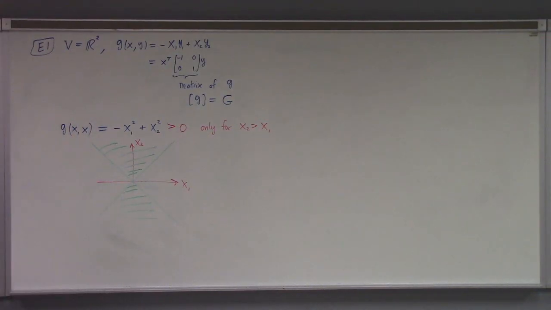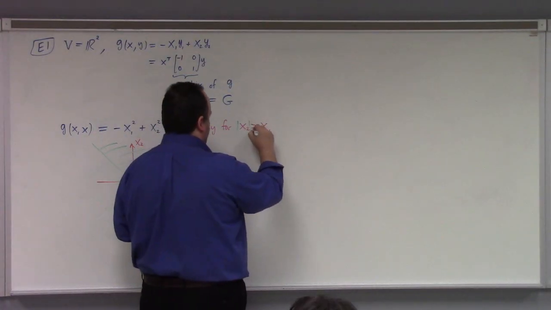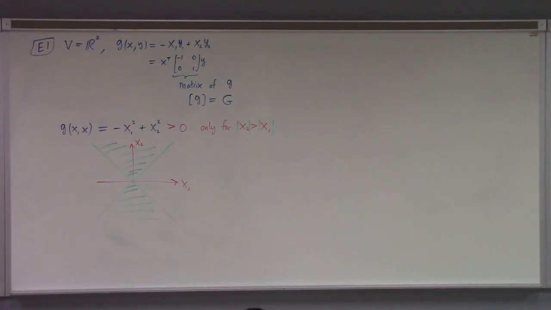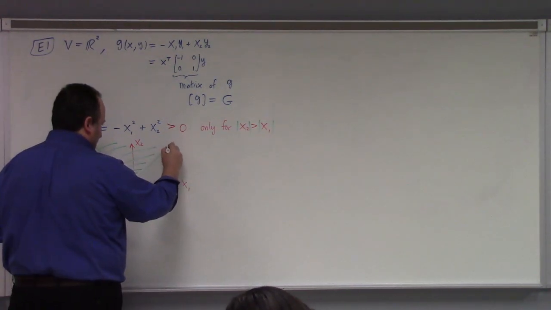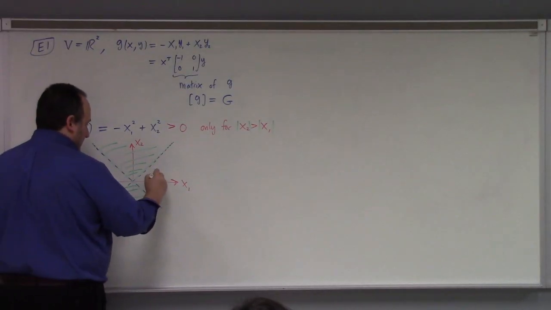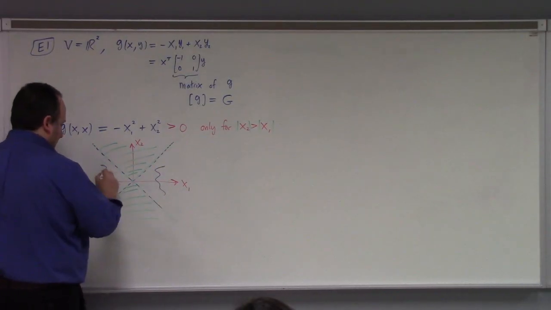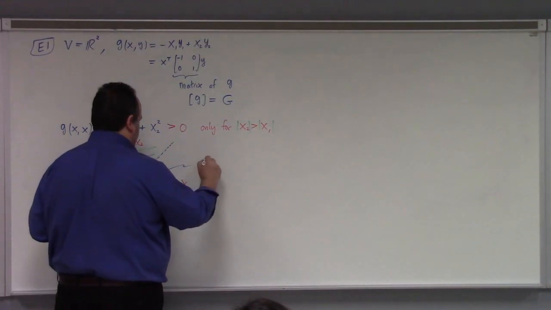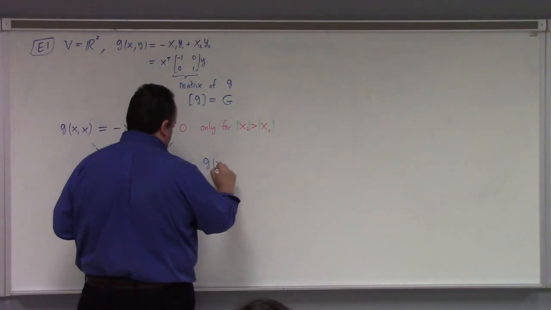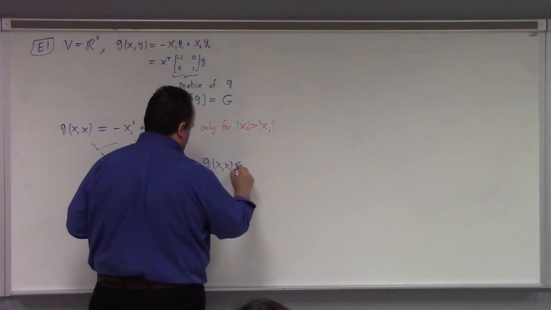But what's more generally true is both the lines themselves, and everything over here, we have the metric g of xx less than or equal to 0.